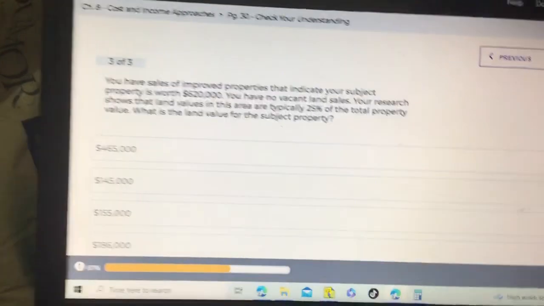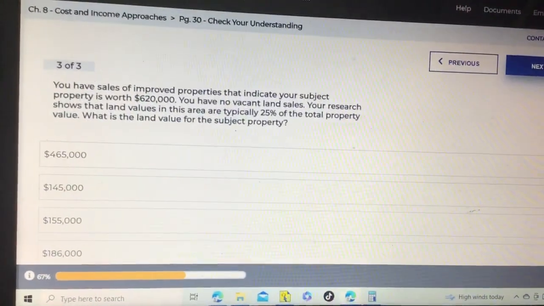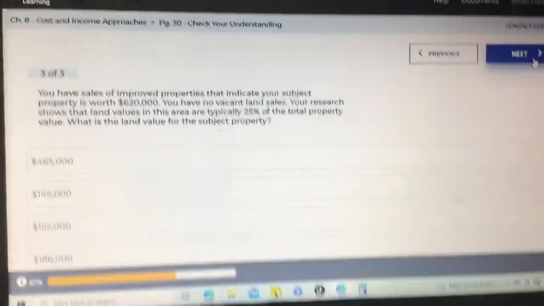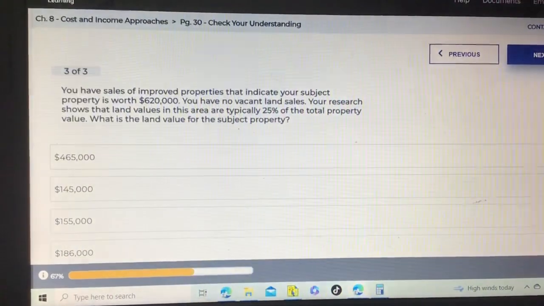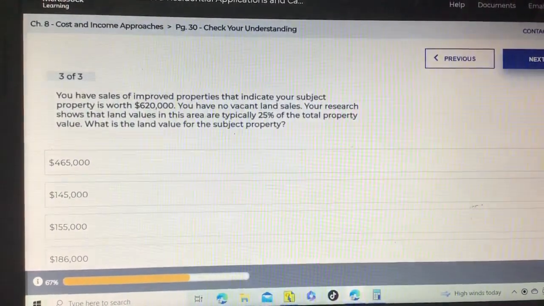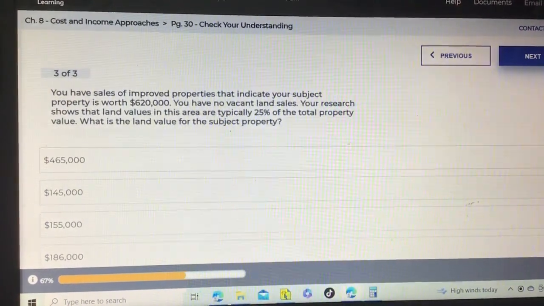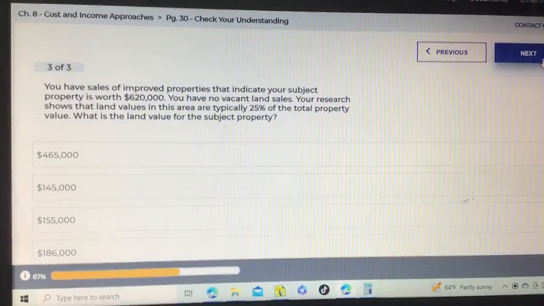Next. Number 3. You have sales of improved properties that indicate your subject property is worth $620,000. You have no vacant land sales. Your research shows that land values in this area are typically 25% of the total property value.